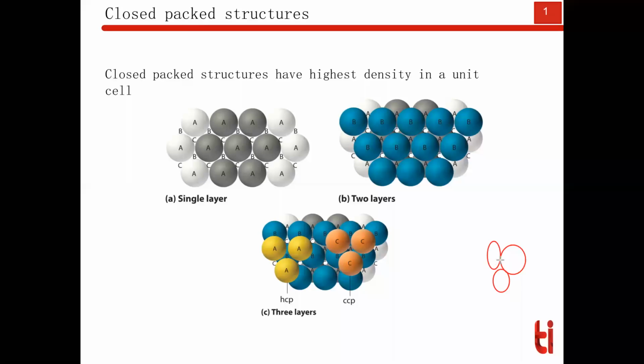So now you can see these are in plane 3 atoms, and this is the valley space. If I put one more atom on the top of this, like this, the valley is beneath this atom.